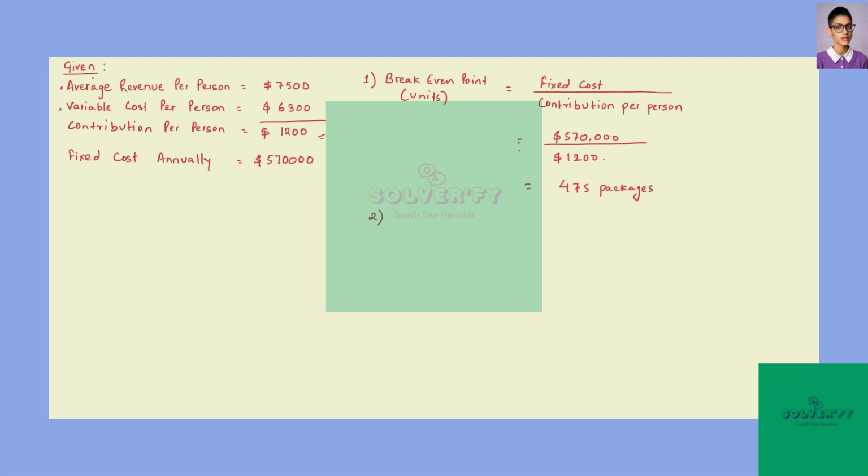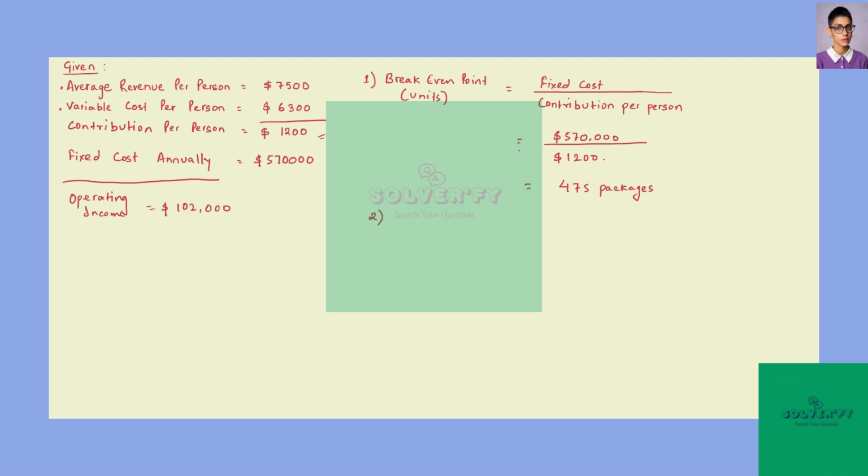Now the second question is asking revenue needed to earn an operating income of $102,000. So we need to find out the revenue that needs to be earned.